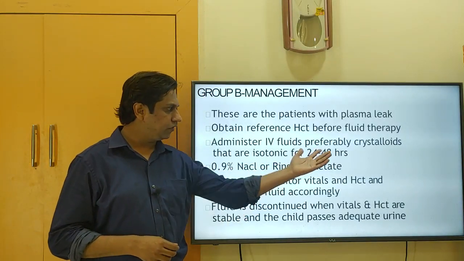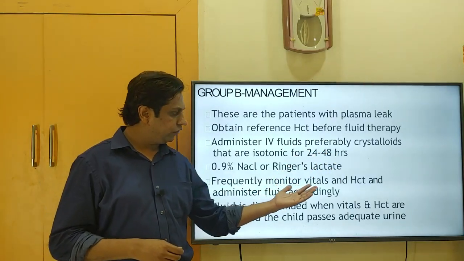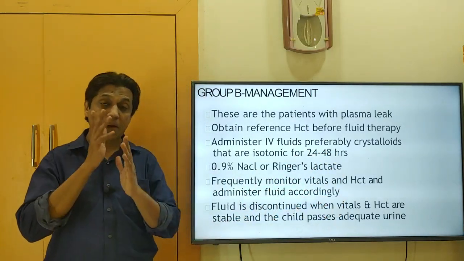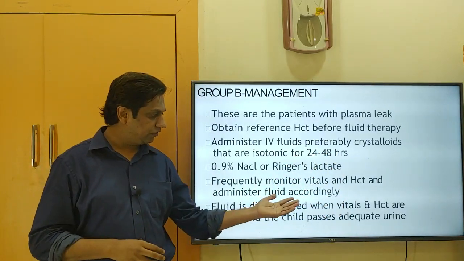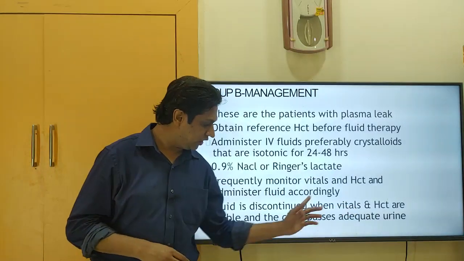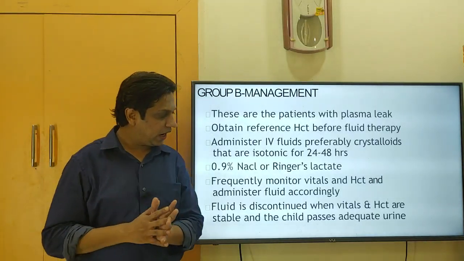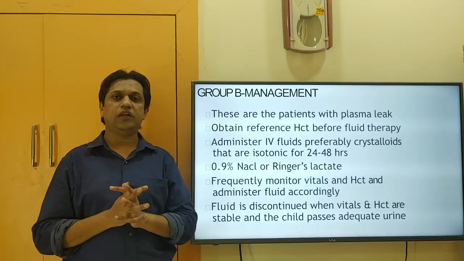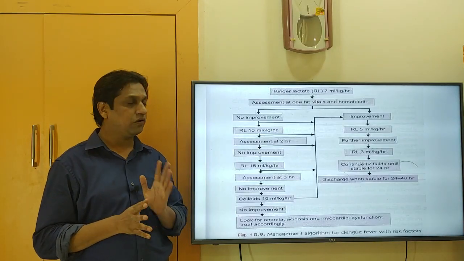This is administered over 24 to 48 hours. We have to frequently monitor the vital signs and the hematocrit level after administration accordingly. Then the fluid is discontinued when the vitals and hematocrit are stable and urine is passed normally by the patient. These are all things we have to see.